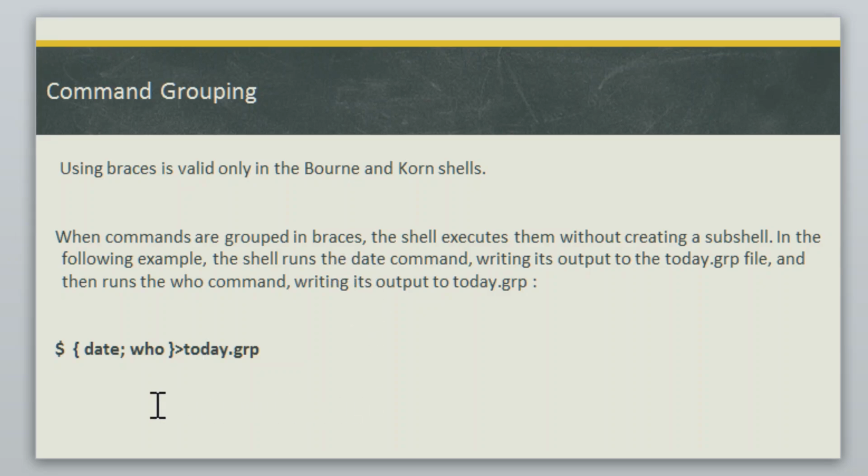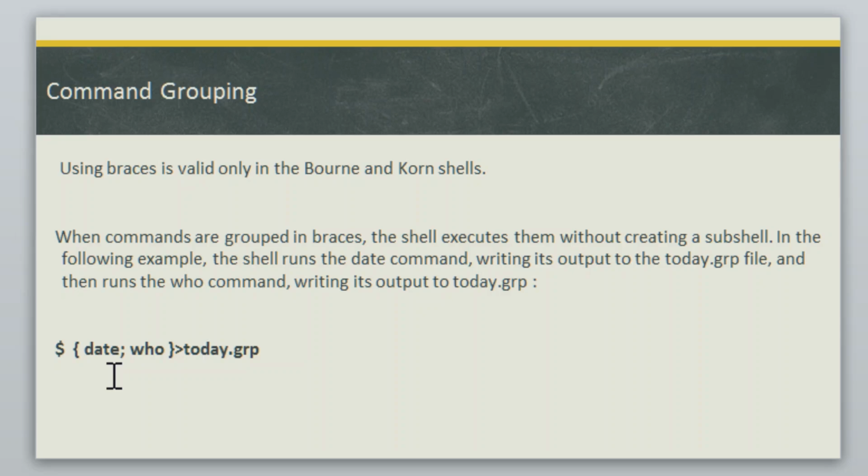So we have the date and who commands encapsulated in curly braces, and we have a semicolon in between them. And then we redirect the output of this to today.grp. Okay? So guys, what's important to know here is that the semicolon isn't piping anything into the next command.